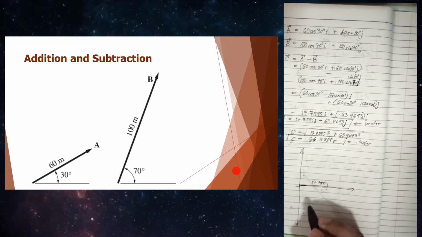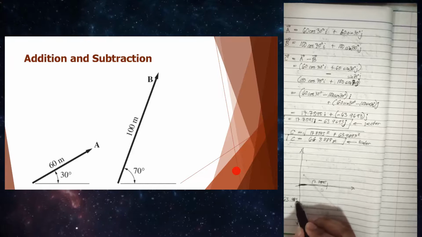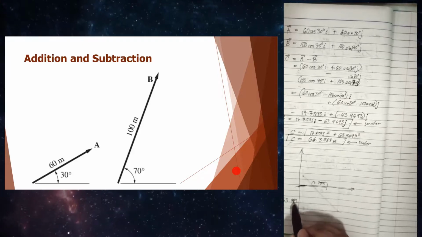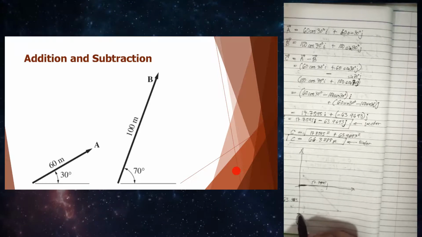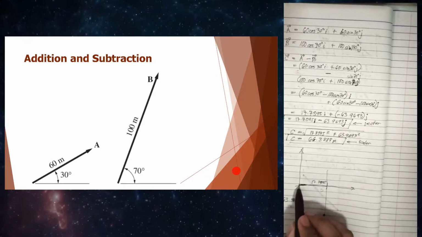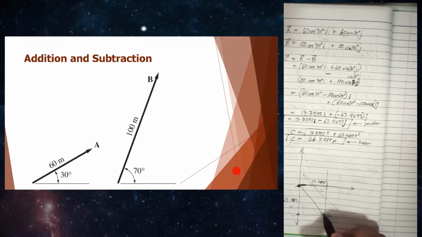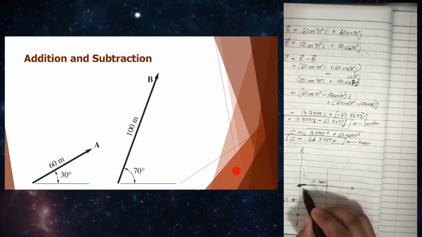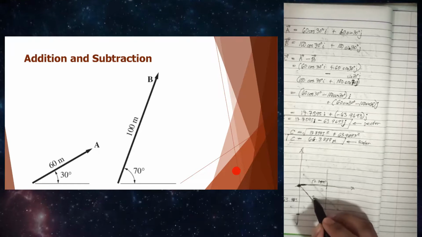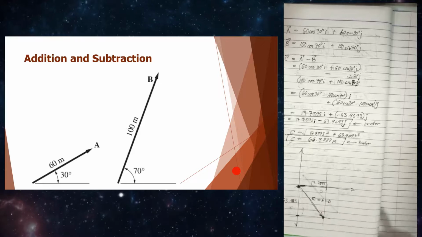So you need to move downward ng 63.9693 pababa. So halimbawa nandito siya. Ibig sabihin nun, yung ating endpoint ay nandito, starting point nandoon. So yung ating arrow pababa ng ganyan. So this is the vector C, where C is equal to A minus B.